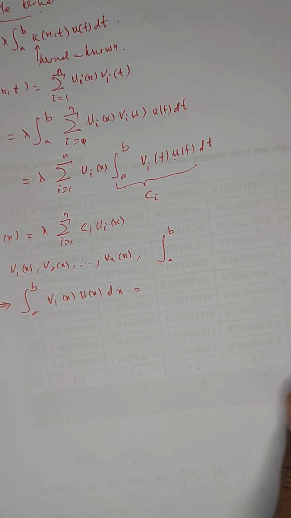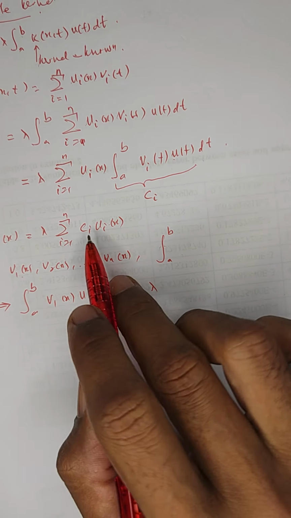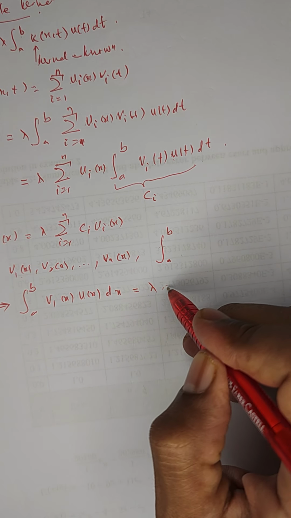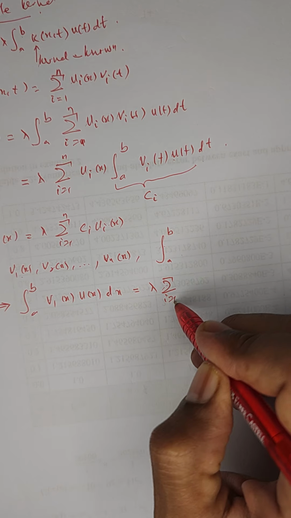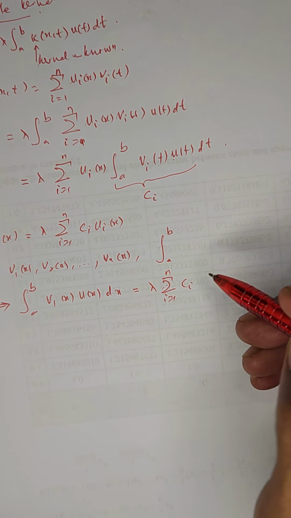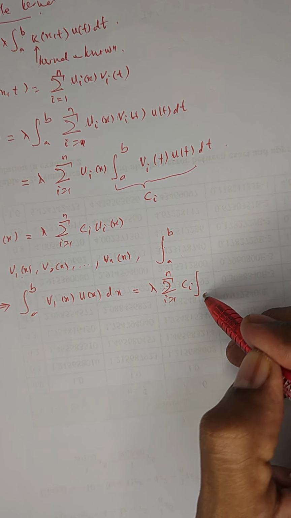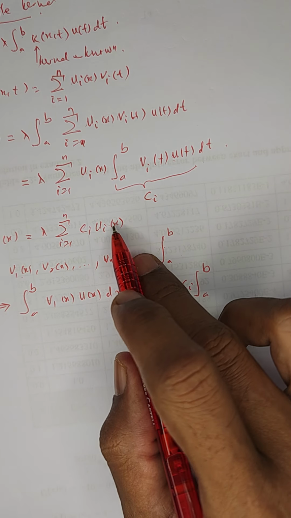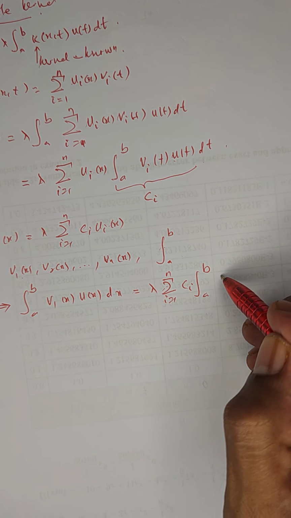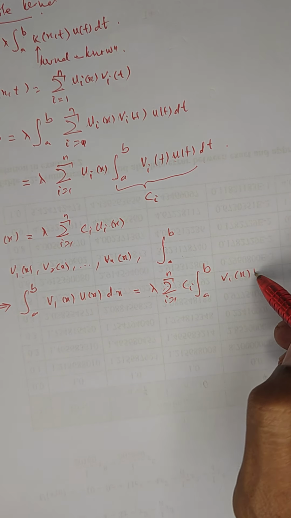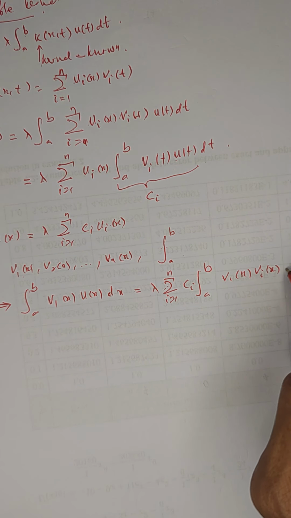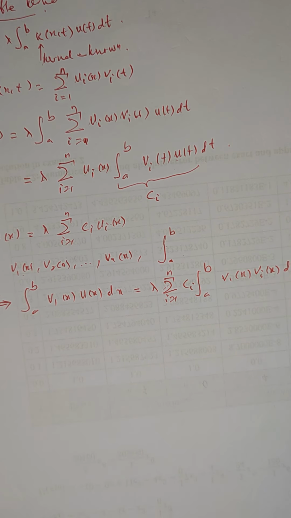On the right side, we have the summation of i from 1 to n c i, and then integrate a to b, multiplied by v1, so v1 x v i x dx.